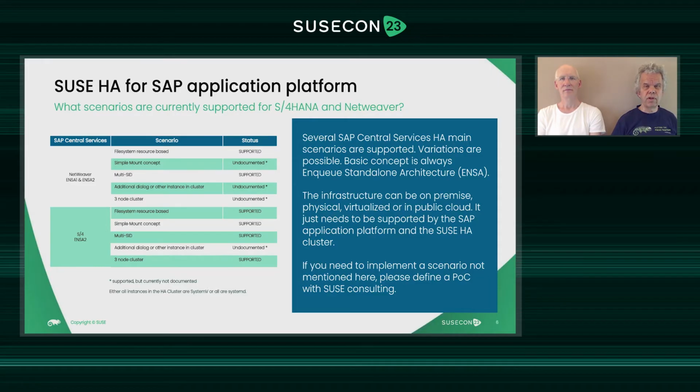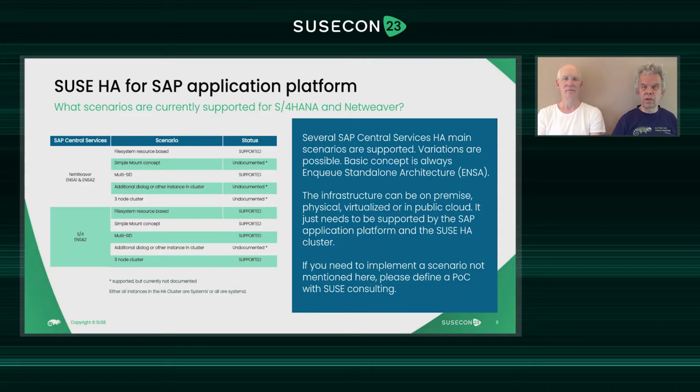Three-node clusters are the default for S/4HANA because in ENSA 2 you have the situation that the ASCS does not need to take over exactly to the ERS side.